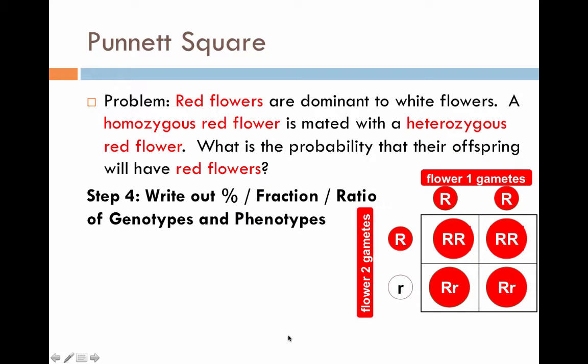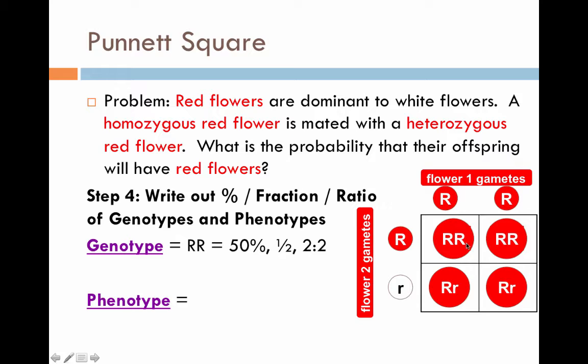Step 4. Figure out the percentage, the fraction, and the ratio of genotypes and phenotypes. Okay, so here are our kids again. All 4 of these are kids. The genotypes, it looks like there are 2 different types of genotypes. You could either be big R, big R, which is 50%, 2 out of the 4, which is equal to half.